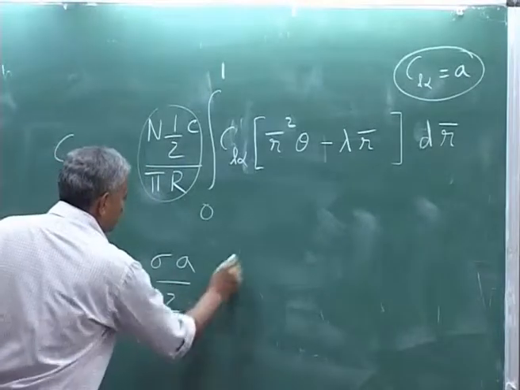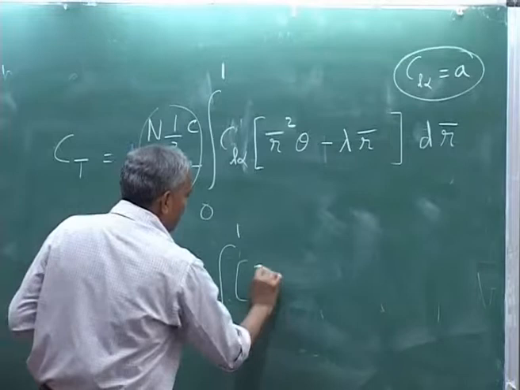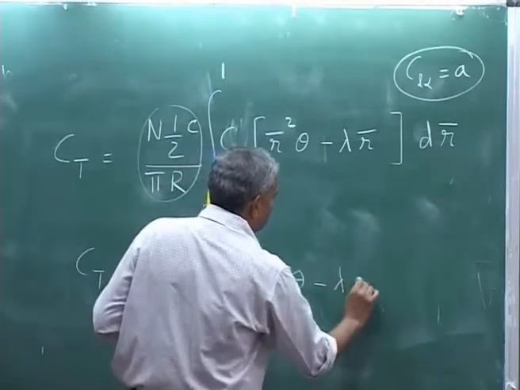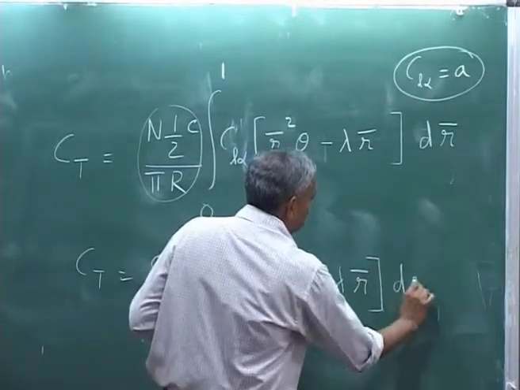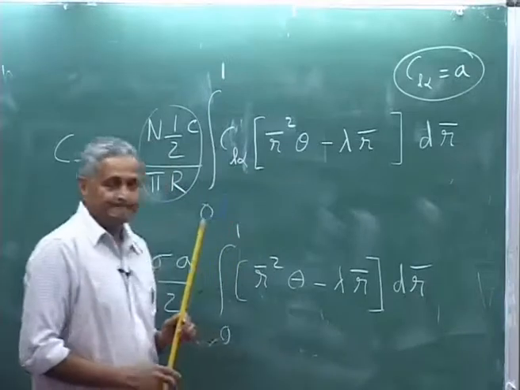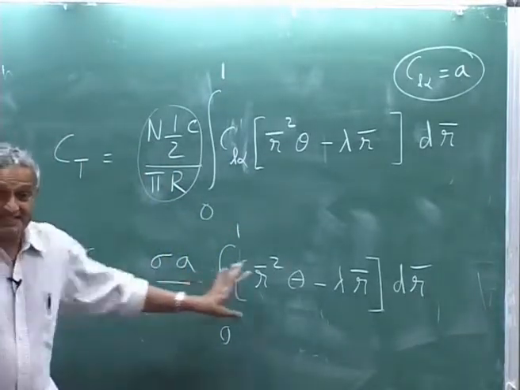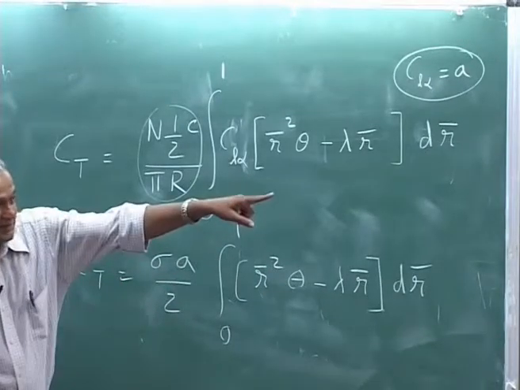Ct is sigma A over 2, integral 0 to 1, r bar squared theta minus lambda r bar, into d r bar. This is my Ct, which is the non-dimensional thrust, from the first expression dT.